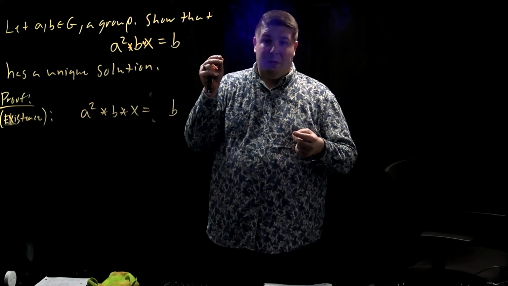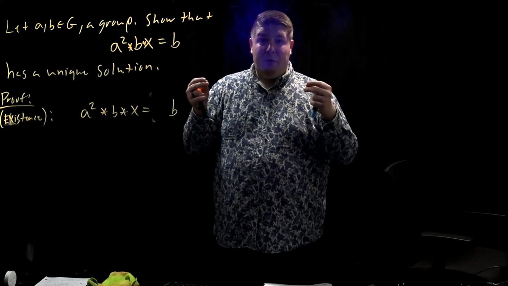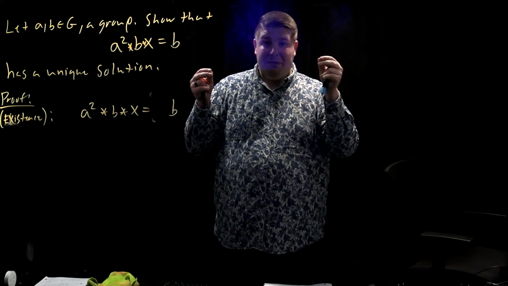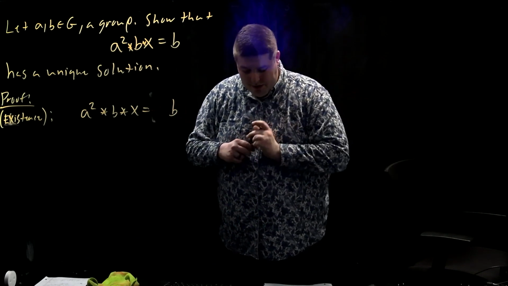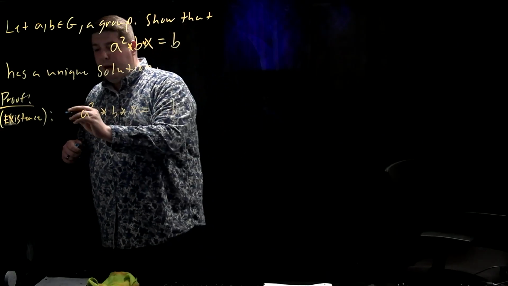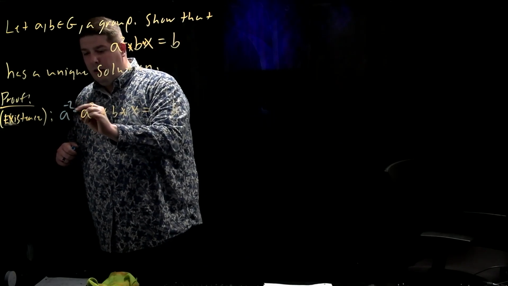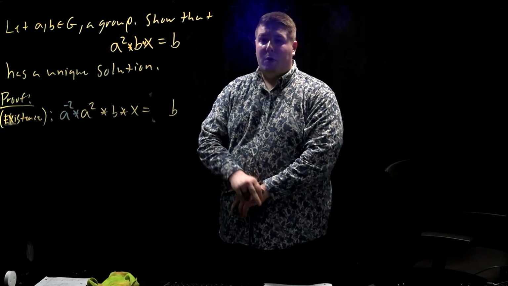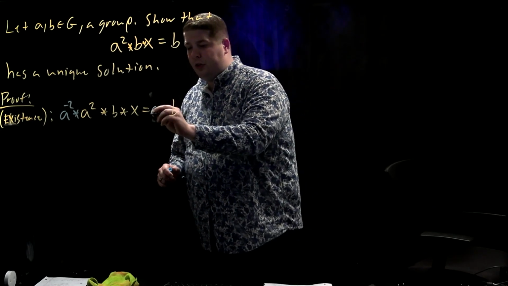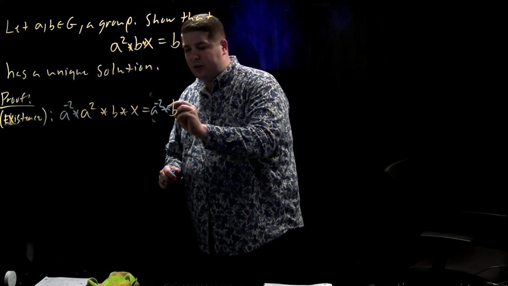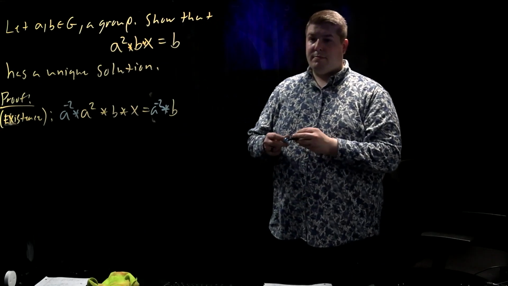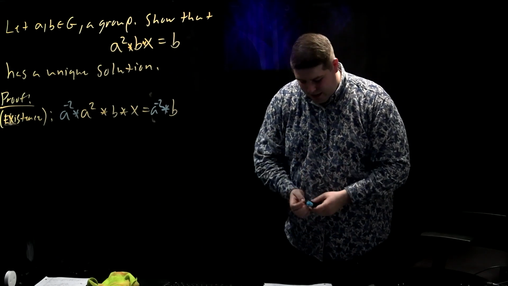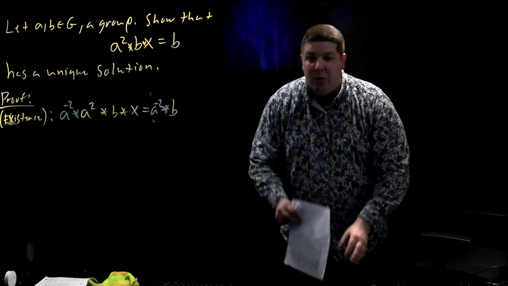If I have A squared and I operate with A to the negative 2, that cancels out. It gives me my identity element. So here, I operate with A to the negative 2. But of course, what I do to one side, I have to do to the other side. Okay? So that's how we do that.